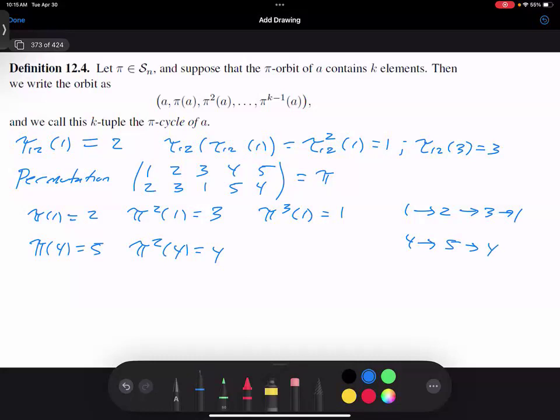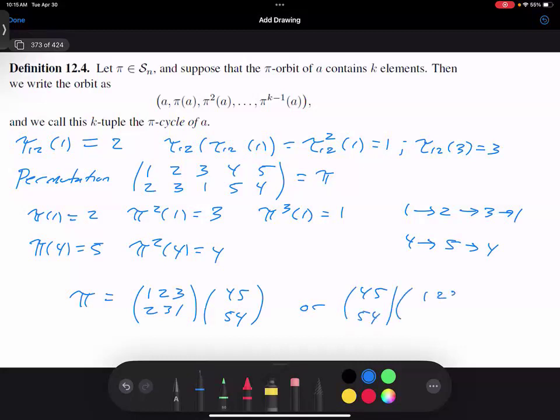And this allows me to write this permutation as (1 2 3) going to (2 3 1), and then (4 5) going to (5 4). Or could I write it as (4 5) going to (5 4), and then (1 2 3) going to (2 3 1)? Can I write them in different orders? What do you think?